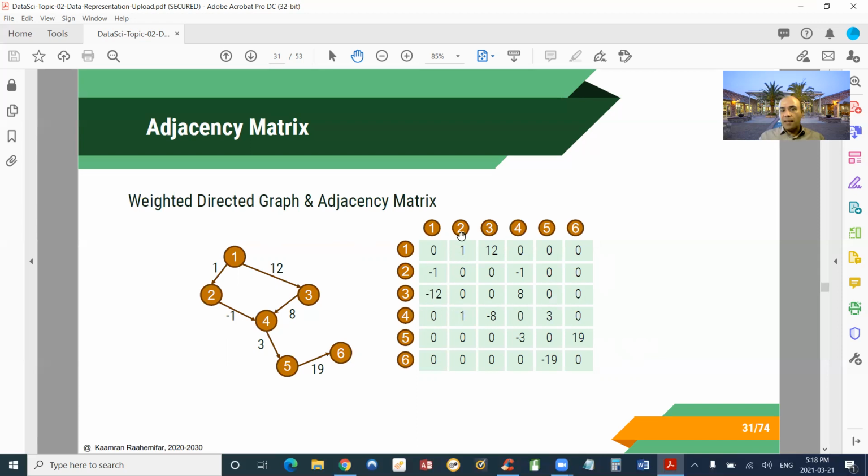And if this is the case, I'm going to have on a mirror fashion, 2 is connected to 4 by -1, and 4 is connected to 2 by 1. So this -1 means that the directed line is supposed to go the other way. It's supposed to be this way, not this way.